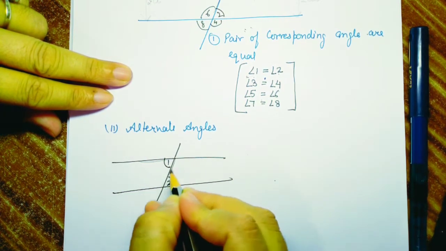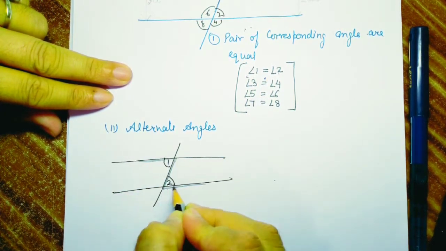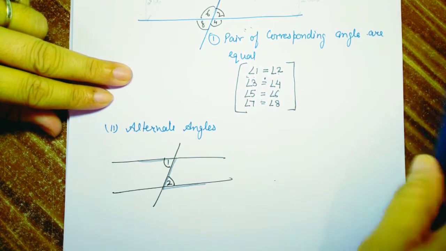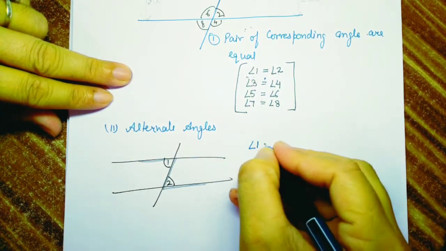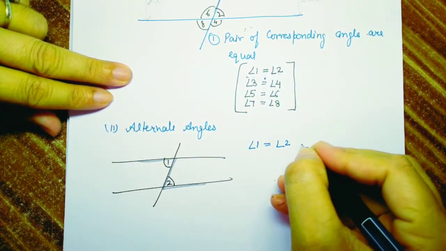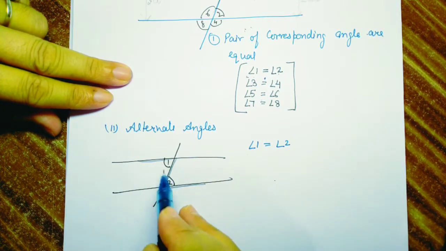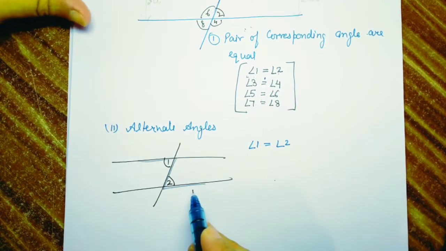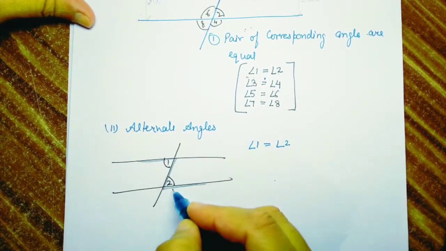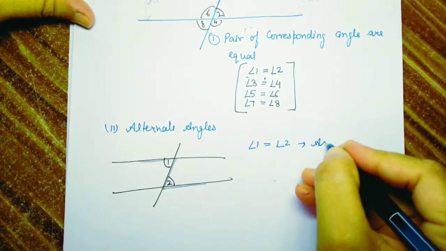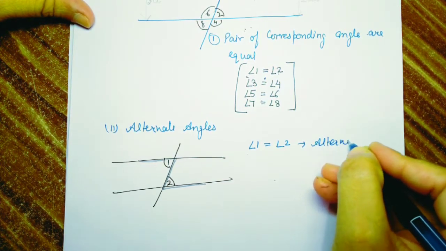The interior angles are making a Z. So these angles are equal. So here we can say angle 1 equals angle 2. Why? Because the lines are parallel, and whenever the lines are parallel, alternate angles are equal. These angles are inside, so we call them alternate interior angles.